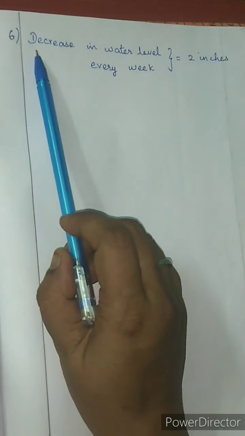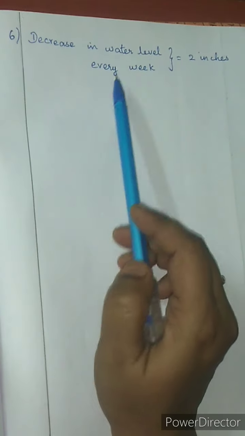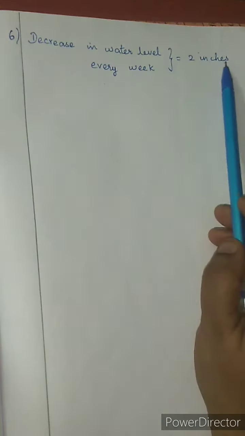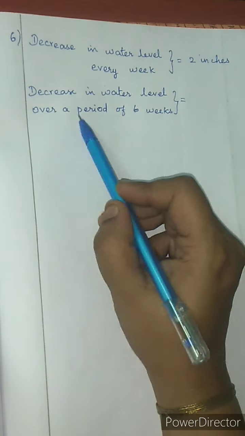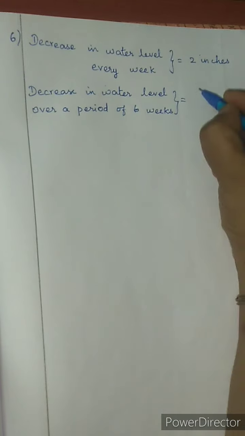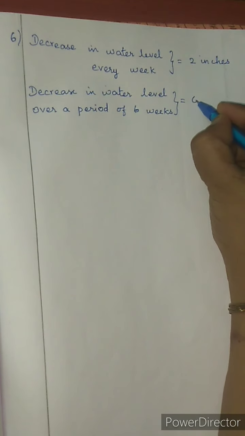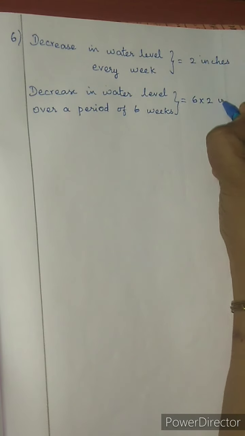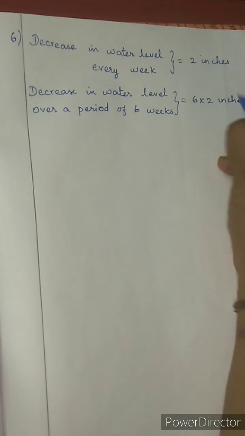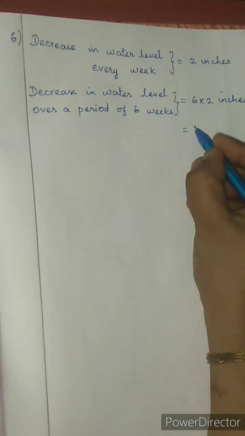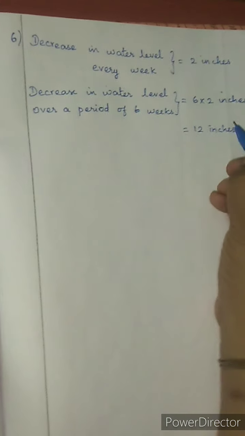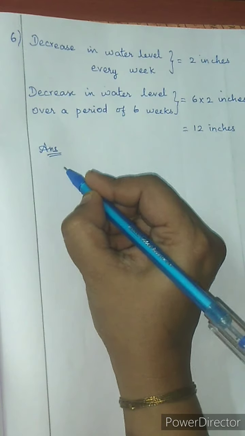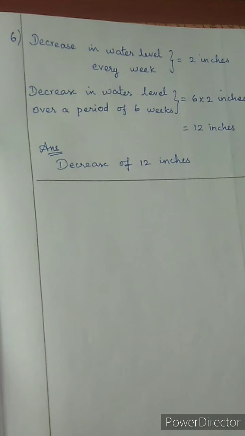Sixth problem solution. Decrease in water level every week is equal to 2 inches. Decrease in water level over a period of 6 weeks is equal to 6 into 2 inches. 6 into 2, 12. 12 inches. So, answer: decrease of 12 inches.